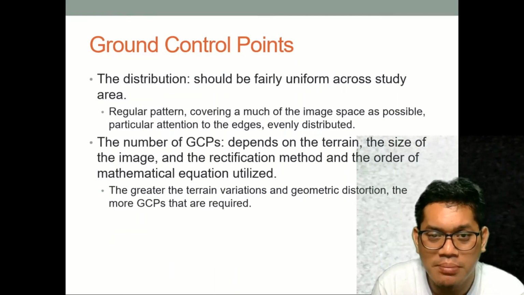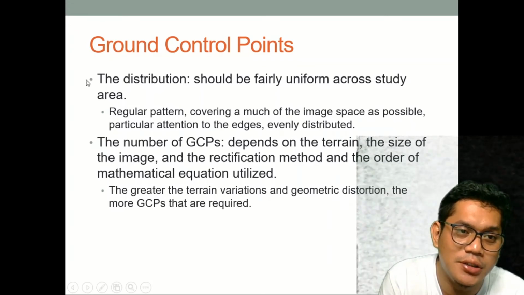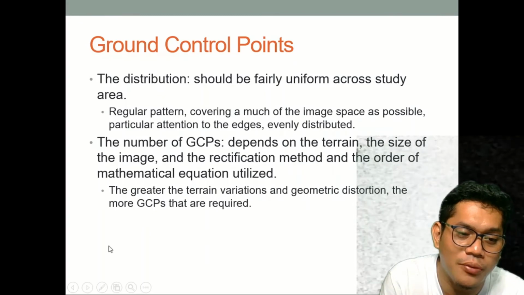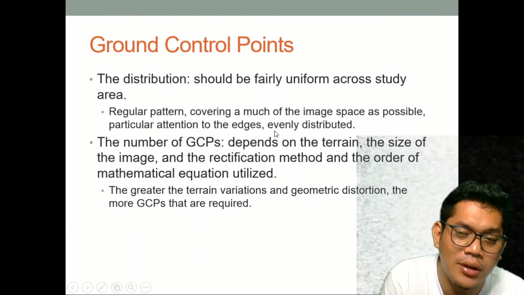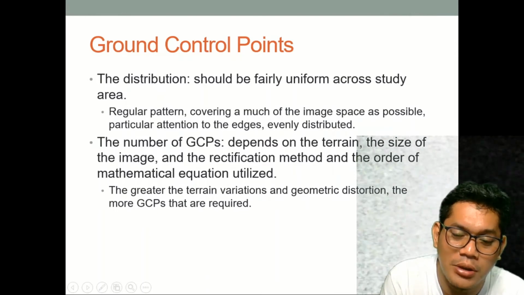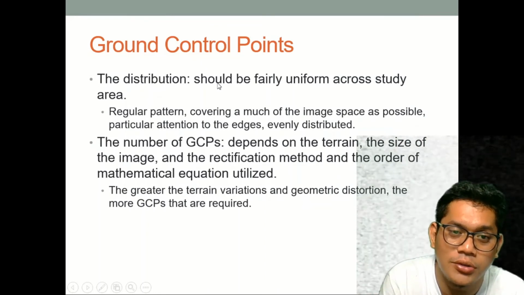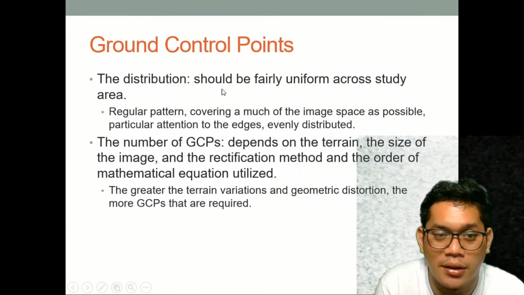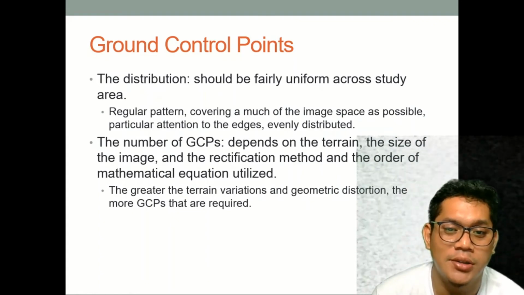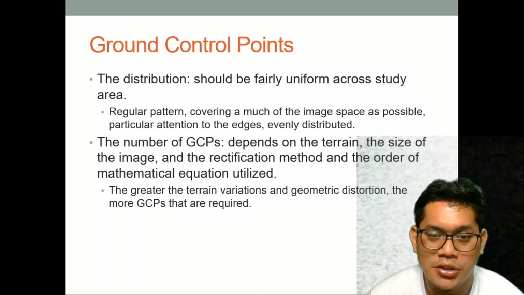So the distribution must be fairly uniform. Example here, let's say this is the map of the area, so we must have one point on the left on top, one point on the left at the bottom, right on top, and also right below. It must be well distributed. Minimum 4 is good. If you have more than 4, 6, 10 is good, and must have a regular pattern, cover as much of the image as possible, and it must be evenly distributed.